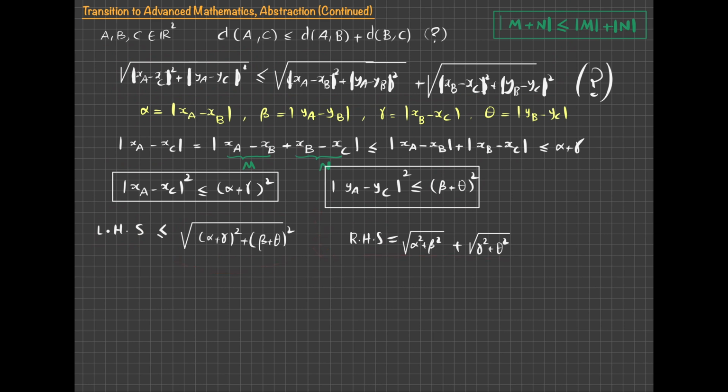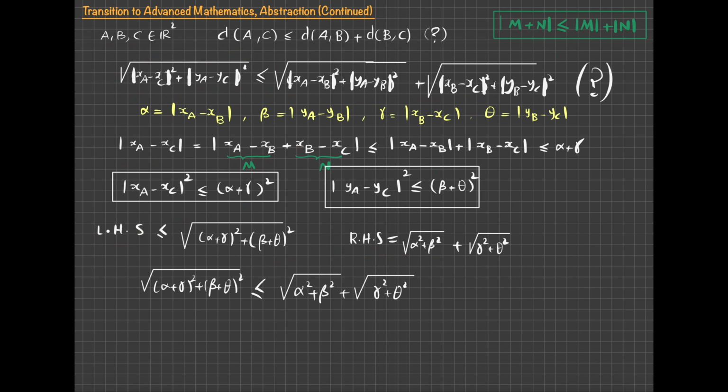So from now on, I focus my energy to answer this question: is it the case that square root of alpha plus gamma squared plus beta plus theta squared is less than or equal to square root of alpha squared plus beta squared plus square root of gamma squared plus theta squared? Is that possible to prove?